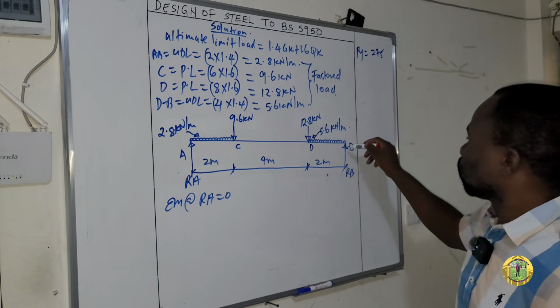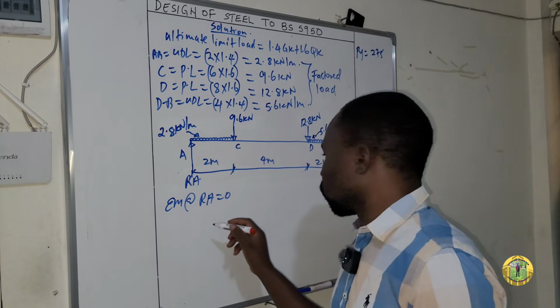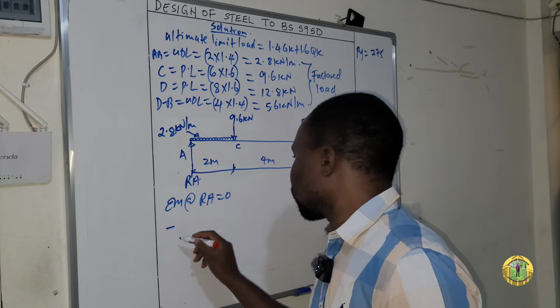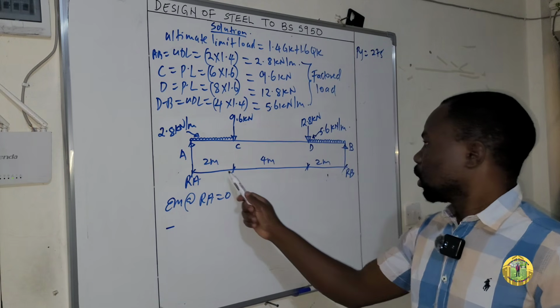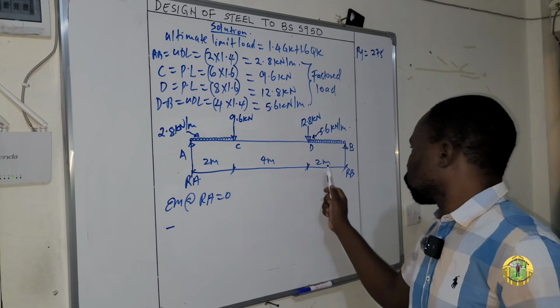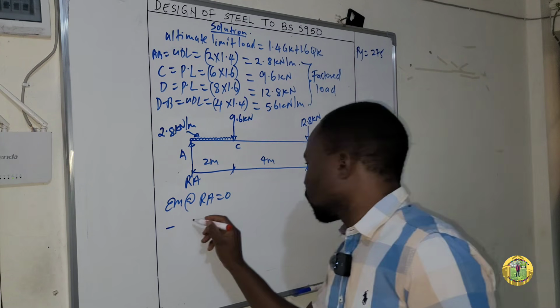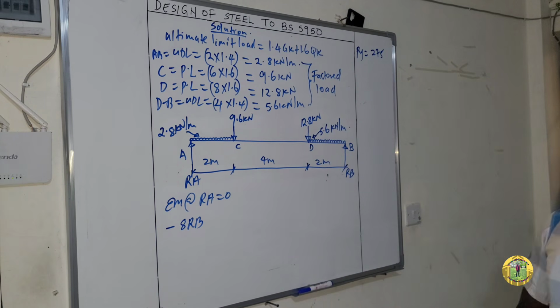You can see the movement of my hand. So that is anti-clockwise. So it will be minus the distance from A to B, which is 2 plus 4, 6, plus 2, 8. So minus 8 RB.